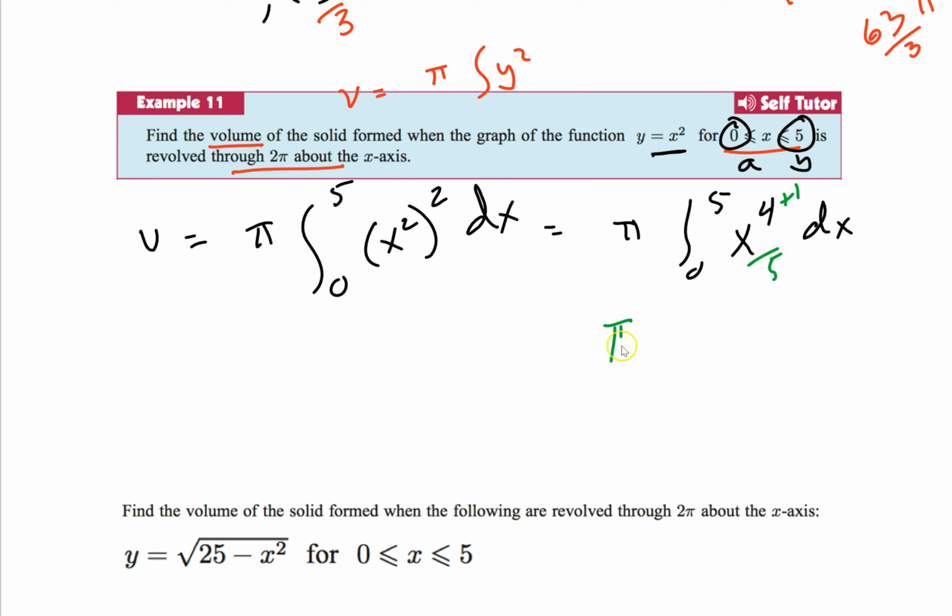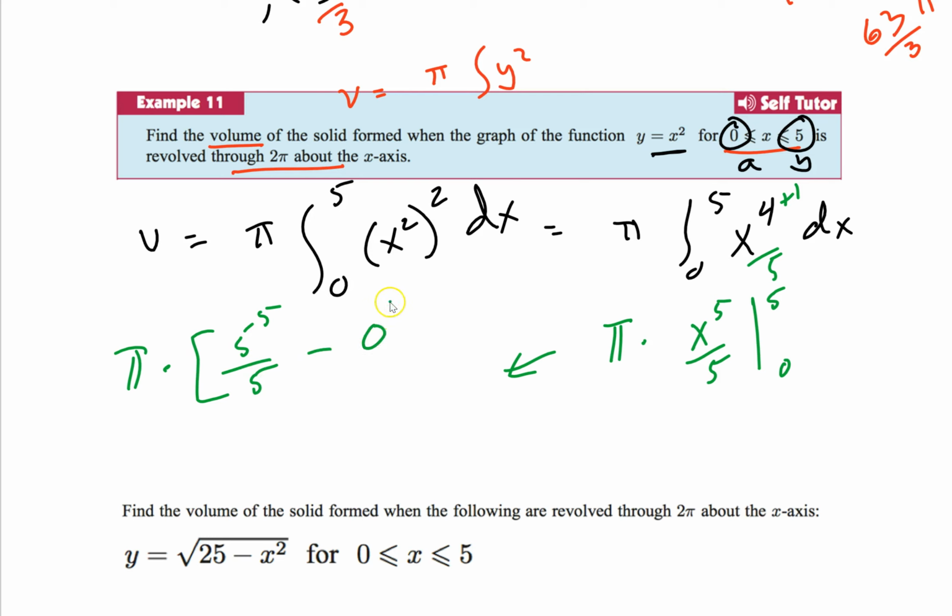So I'm going to get pi times x to the 5th over 5. Now again, we have limits, so 0 to 5. And then we plug in top minus bottom, so pi times 5 to the 5th over 5 minus 0 to the 5th over 5.